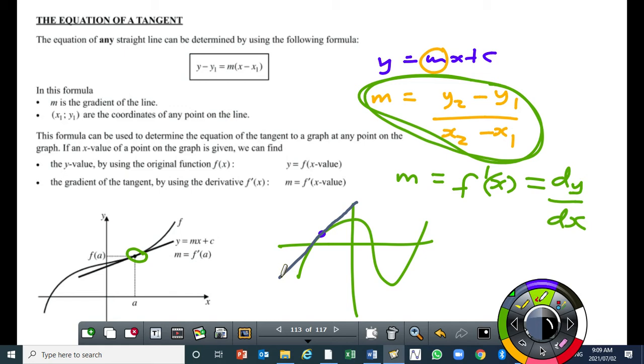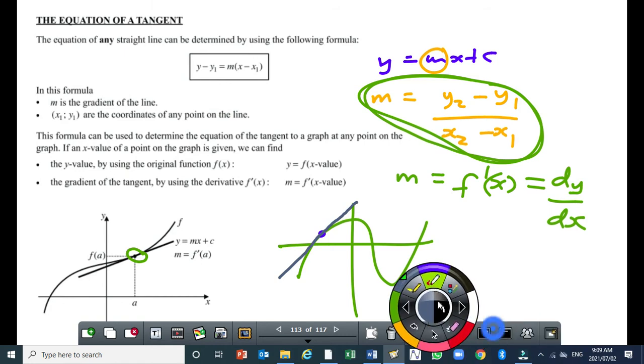You see, if two lines are perpendicular, the product of their gradients will be equal to -1. Let me just refresh you on that, because you still need to know that in paper 1, in calculus. So remember this as well: m1 equals m2 if L1 is parallel to L2.